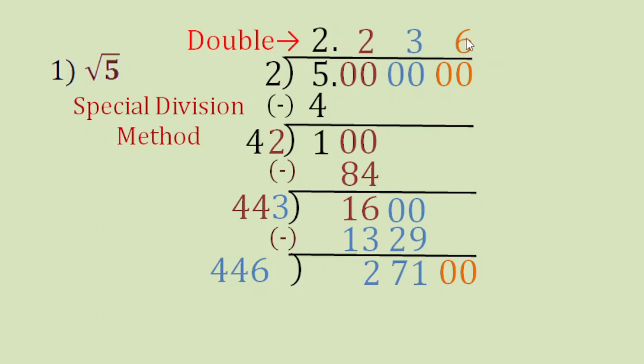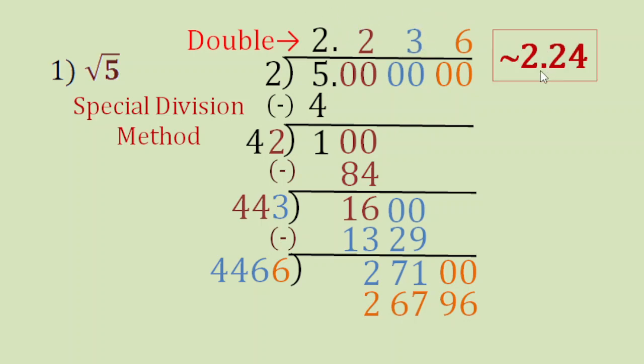And then because we added 6 here, we also have to copy it down here. Okay, so 6 times 4,466, that's 26,796. And we don't need to continue because we already see 3 digits after decimal. So we only need 2 digits, so our answer is 2.24. This 6 affects the 3.